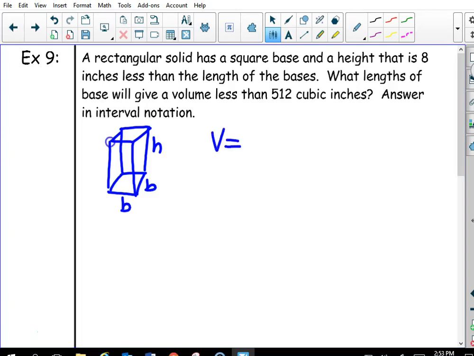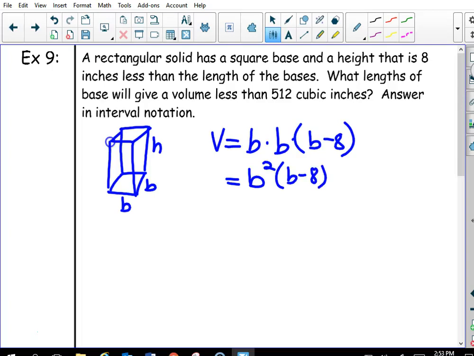Well, volume is going to be base times the height, which is 8 inches less than the length of the base. So base minus 8. So b squared times b minus 8. And they want to know when that volume is less than 512 cubic inches.